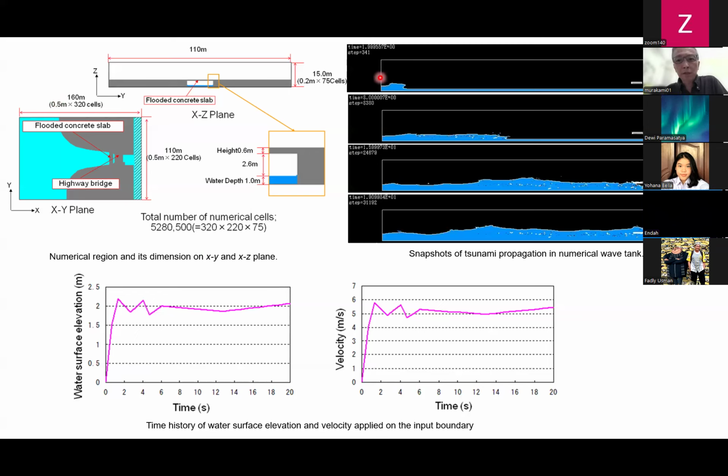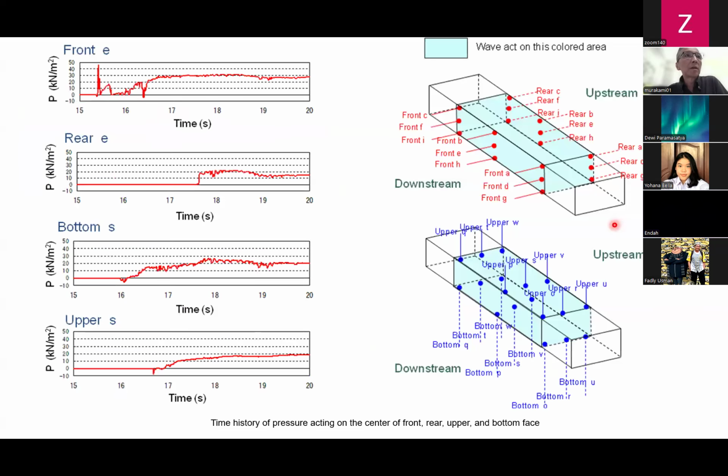There are 2 bridges here. This smaller bridge is flooded by tsunami forces. Okay. This is the tsunami pressure acting on the middle of the front side and the middle of the rear side, and the tsunami pressures act on the bottom and the upper face.